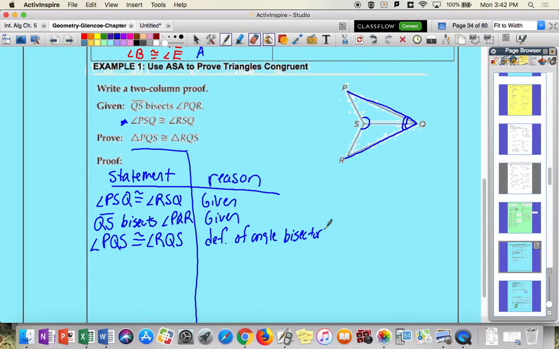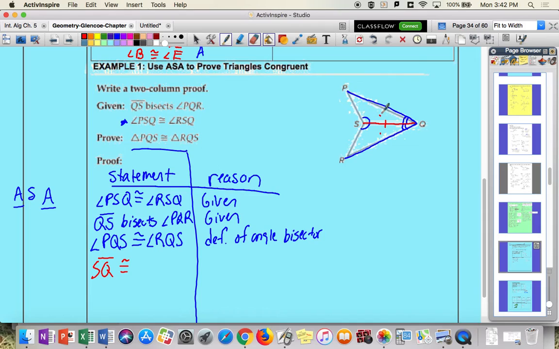Now notice you're keeping track of your angle, side, angle. We have a couple of angle pairs that are stated as congruent, but we don't have the sides. So let's look back at the diagram. Notice both of these triangles share side SQ. So if they both share side SQ, we can mark SQ as congruent to itself. Let's make sure we've got the same corresponding parts.